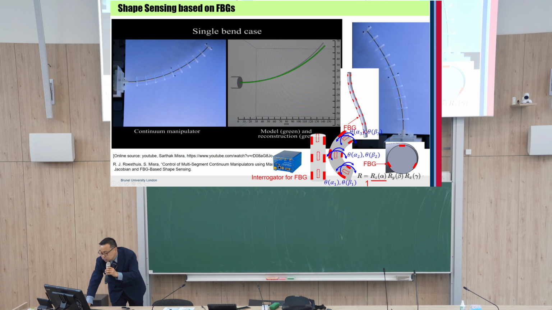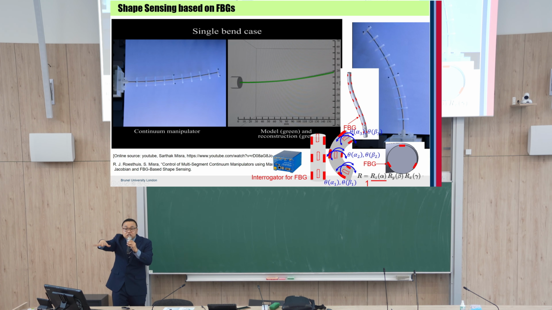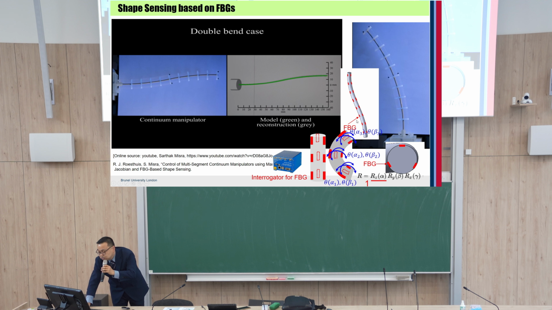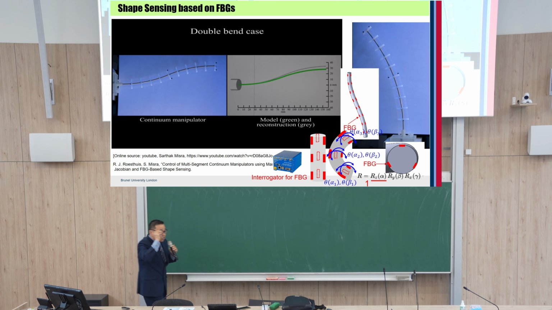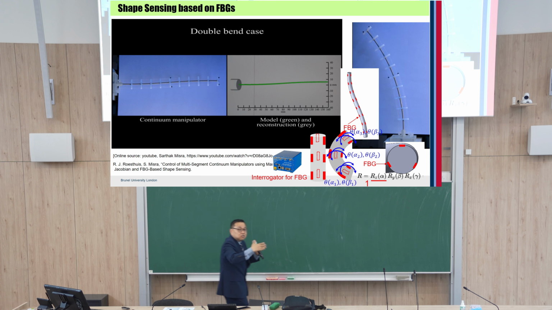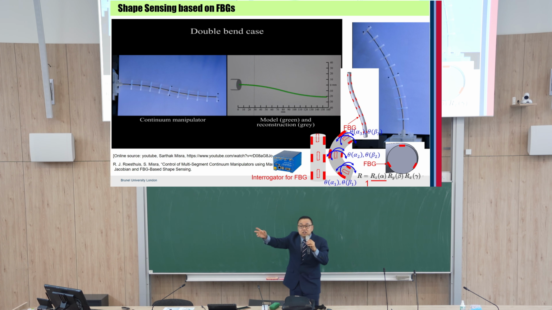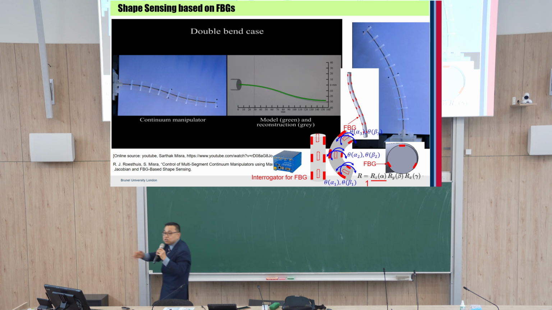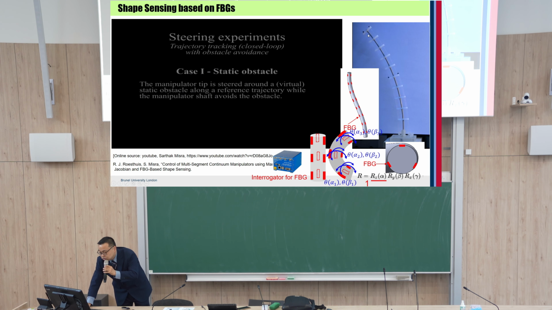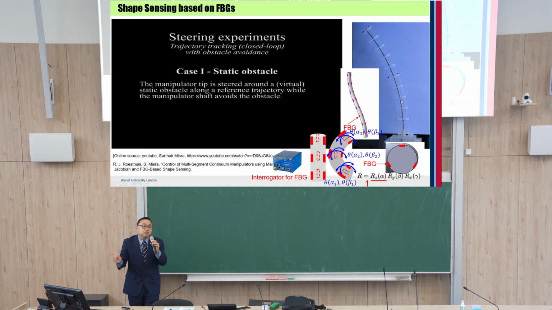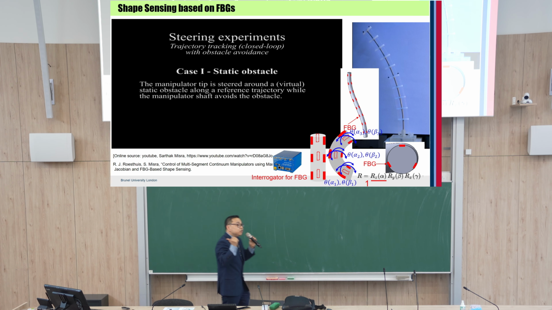And also here, 3 FBGs, you can also measure some relative orientation. Here also you can find roughly the orientation. Then eventually, you multiply all these orientation matrices to reconstruct the shape of this flexible manipulator. This is really amazing.